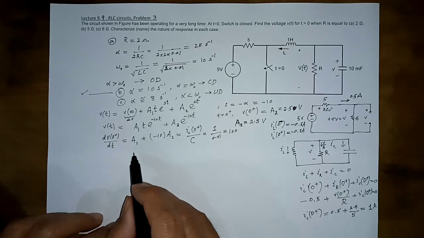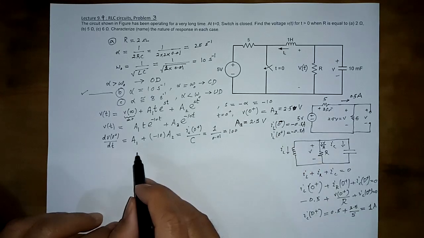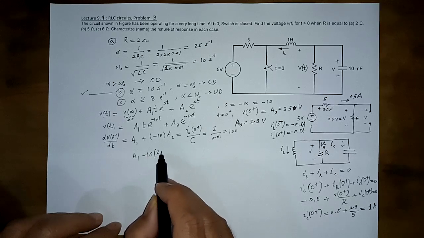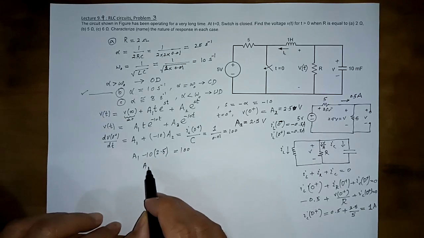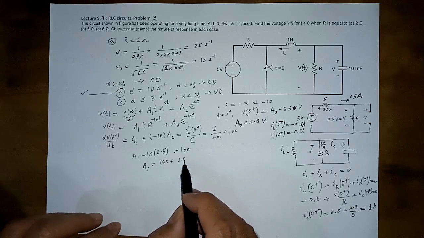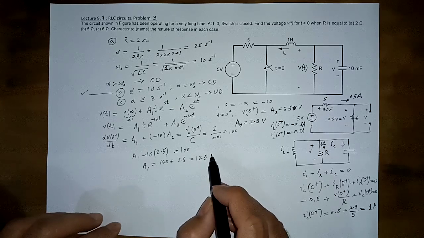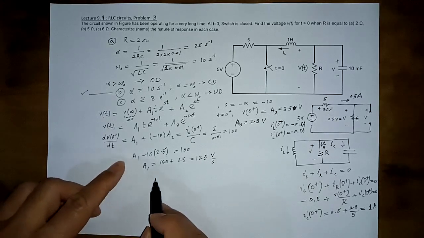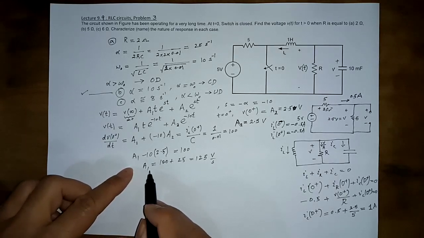So the equation, with A2 found, is A1 minus 10 into 2.5 is equal to 100. So A1 is equal to 100 plus 25, which is 125. The dimension for A1 was volt per second. So both of the constants are known.